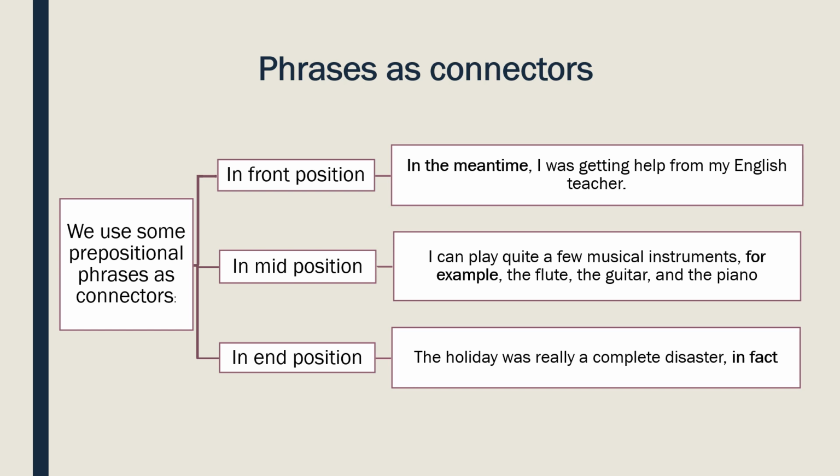We use the preposition, for example, in the middle of the sentence. And in the end position, the holiday was really a complete disaster, in fact. We use the prepositional phrase in fact at the end of the sentence.